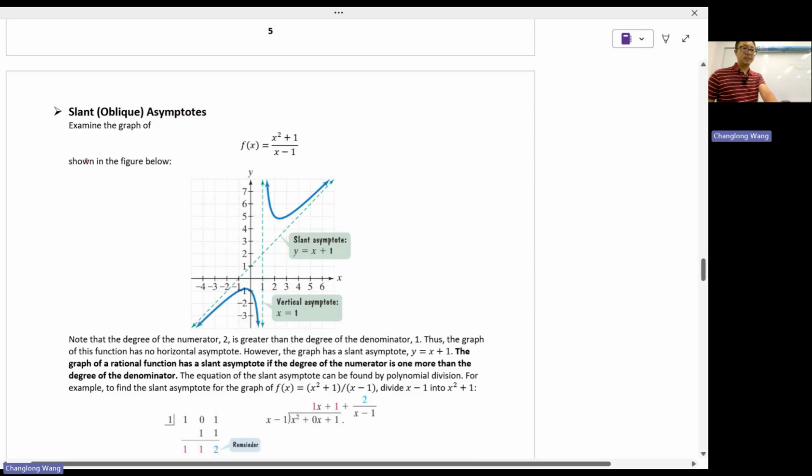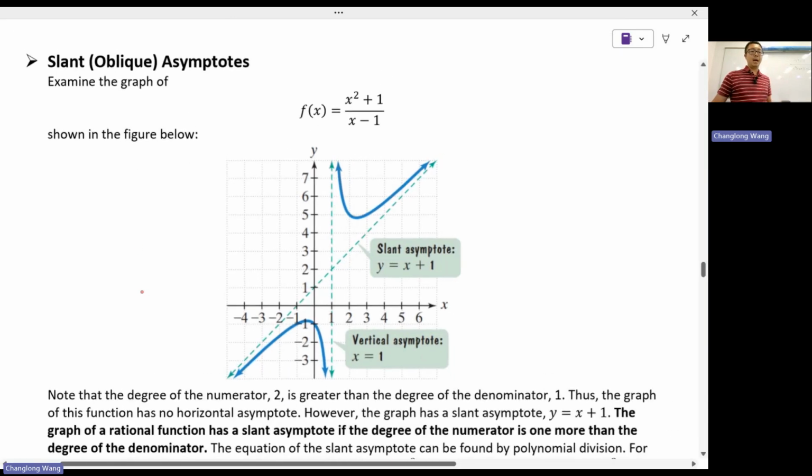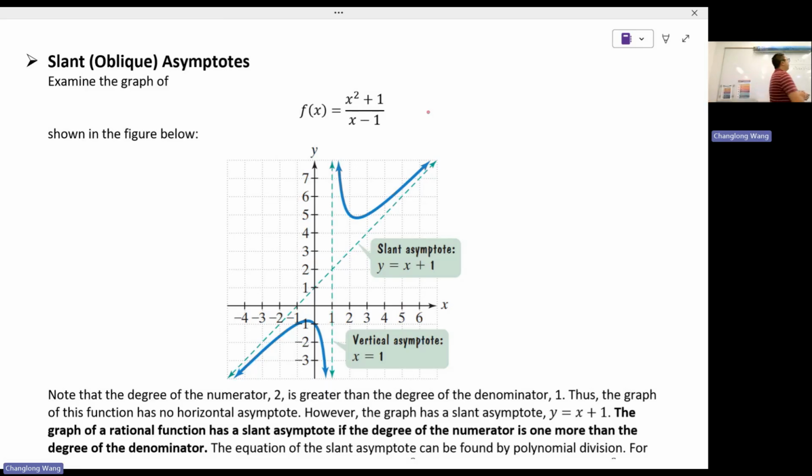And unfortunately, the thing doesn't end there because you have, like I said, slant asymptotes. But in this case, we already had the math part worked out in detail. So if you have the degree of the numerator of that rational function exactly 1 degree higher than the denominator, then you will have a slant asymptote, which is a straight line.